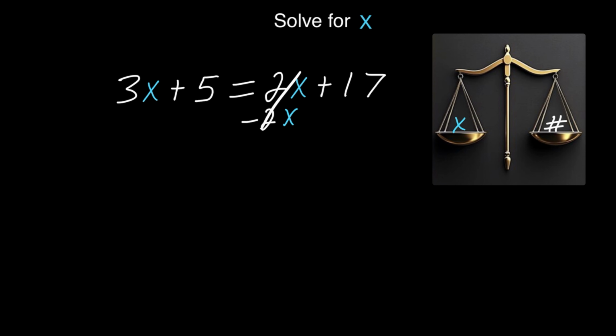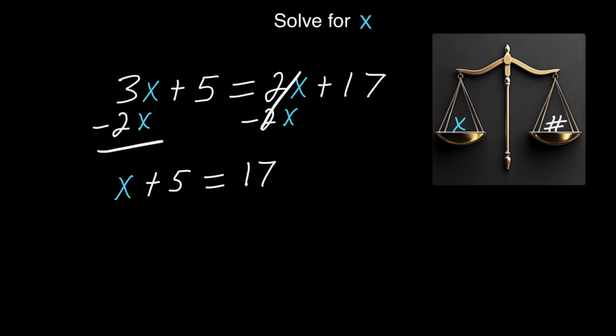You might say, okay, we got it out of here, but how did that move it to the left-hand side? Well, remember, anything you do to one side, you must do to the other side. So that is how we moved it over to the left-hand side. So 3x minus 2x equals 1x, or simply x. So we can rewrite this as x plus 5 equals 17.